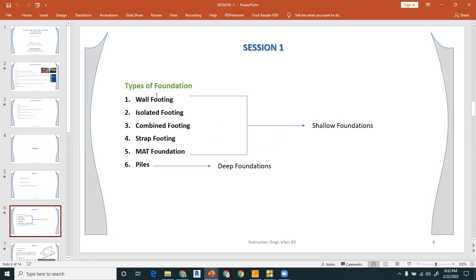In shallow foundations, we will cover wall footing, isolated footing, combined footing, step footing, and the most popular one, mat footing and raft footing, used for high-rise buildings. In deep foundations, we will also design piles, which are used for very high-rise buildings or for loose soil if you have a high water table. So you can use these piles.